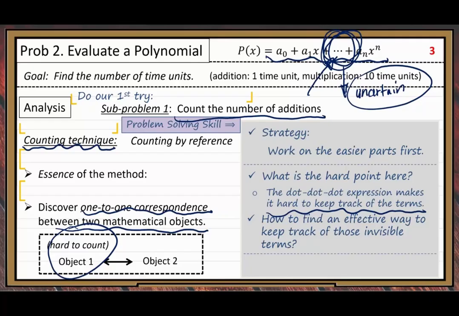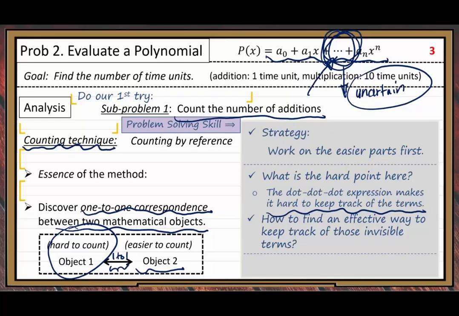Then we move to object 2, because if we have a one-to-one correspondence, this relationship is important. It must be 1-to-1. Not 2-to-1, where 2 object 1s correspond to 1 object 2. That's not good.